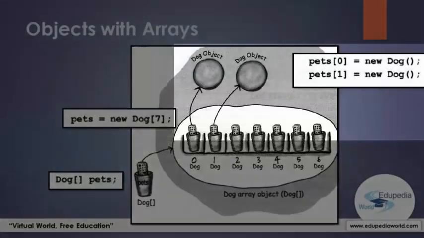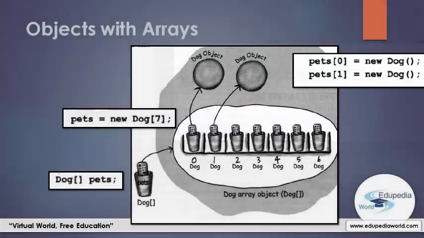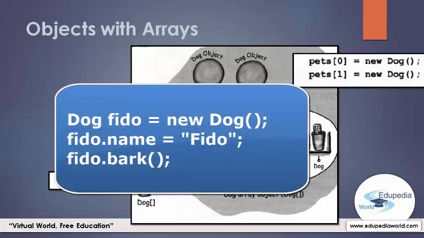In the third step we create new dog objects and assign them to the array elements. And remember, elements in a dog array are just dog reference variables, but we still need dogs. In all the previous episodes we accessed the dog's instance variables and methods using the dot operator.